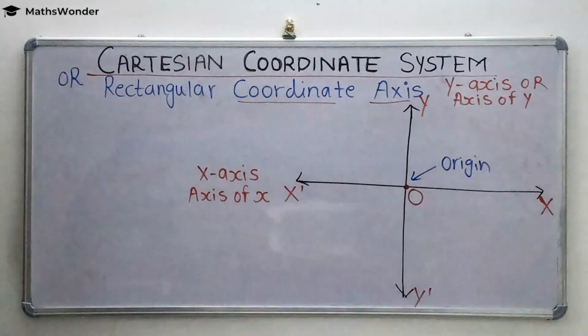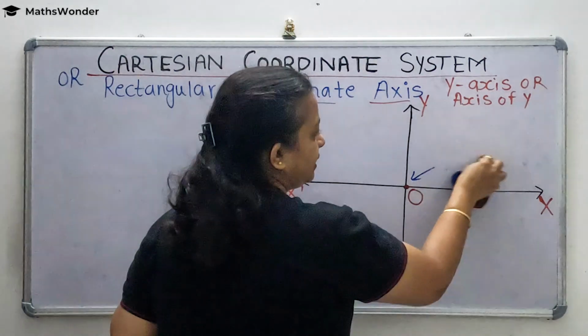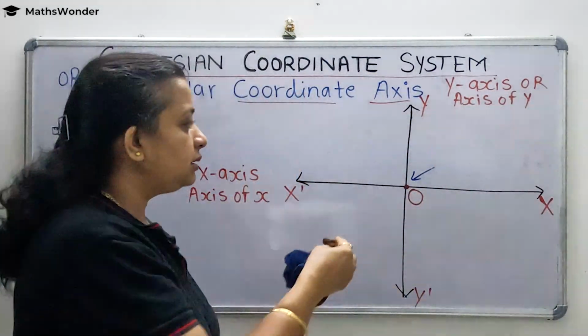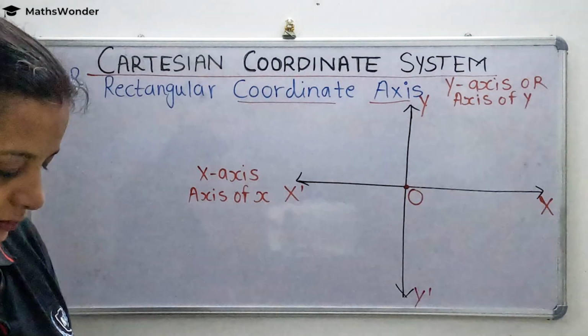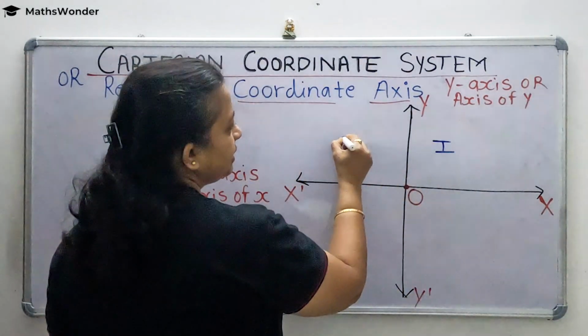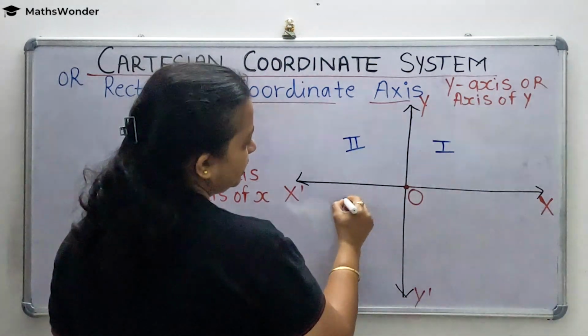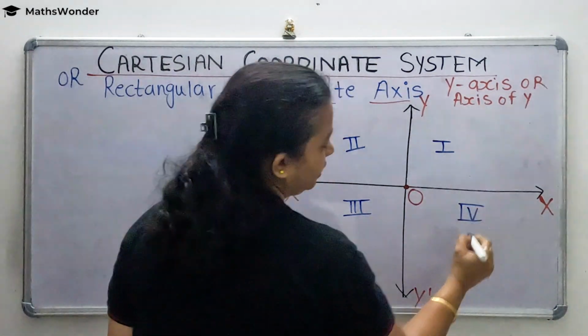Now come to the quadrants. We have 4 quadrants in this axis. This is the first quadrant. This is the second quadrant. This is the third quadrant, and this is the fourth quadrant.